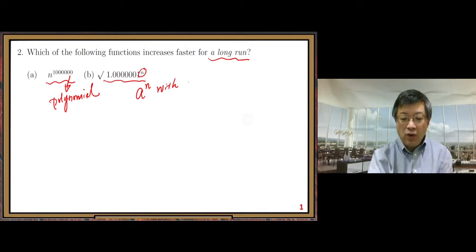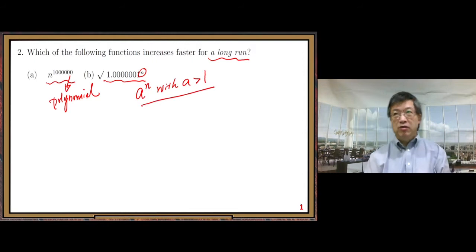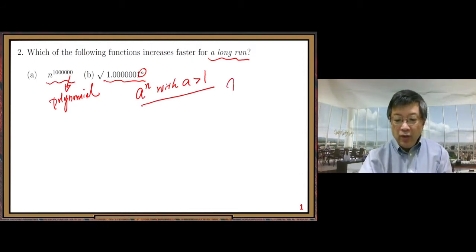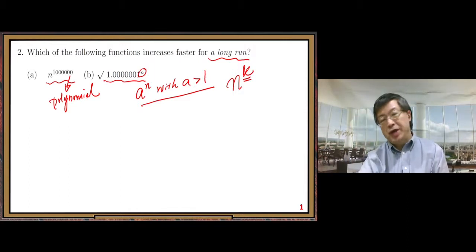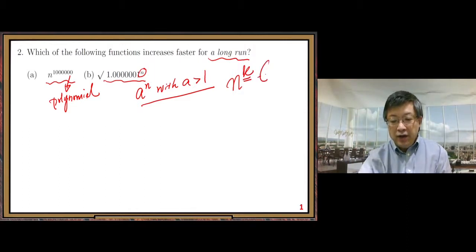Okay? So for this exponential function and polynomial, we know any polynomial n to the k, with k any number but fixed, not a variable, is little o of the exponential function.